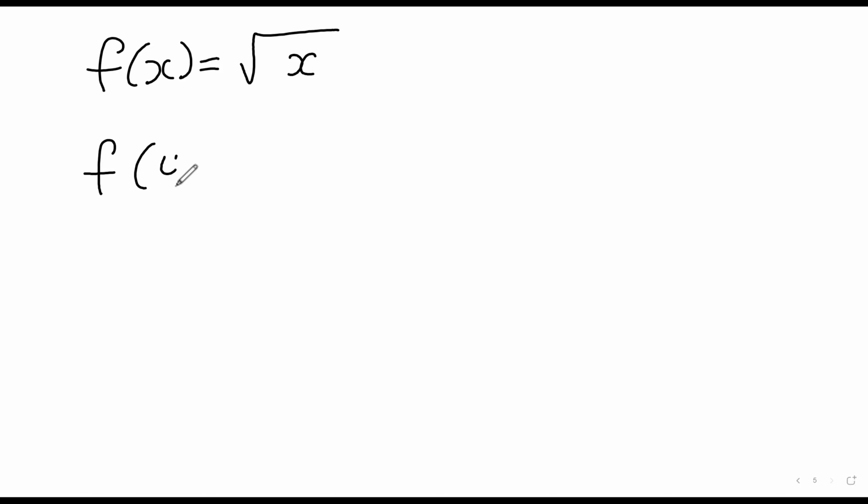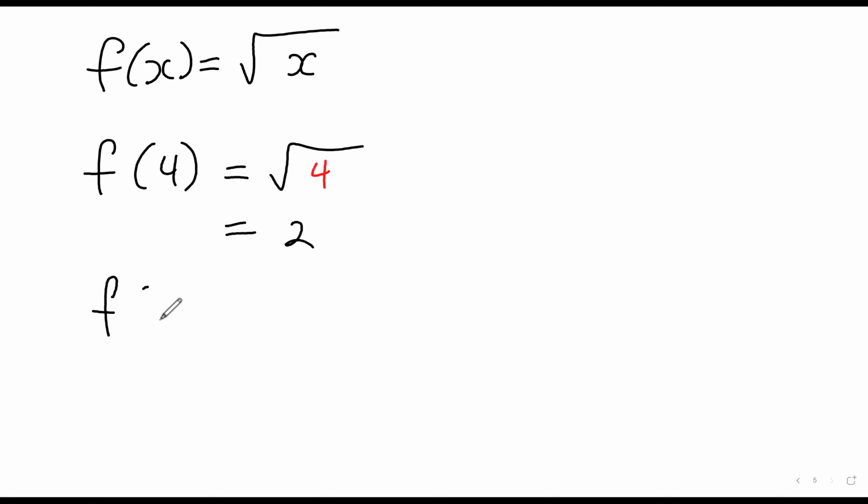You can also have, I could have f of x is equal to the square root of x, for instance, right? So if f of x is the square root of x, let's say what will be f of 4? Well, f of 4 will be the square root of 4, which is equal to 2.